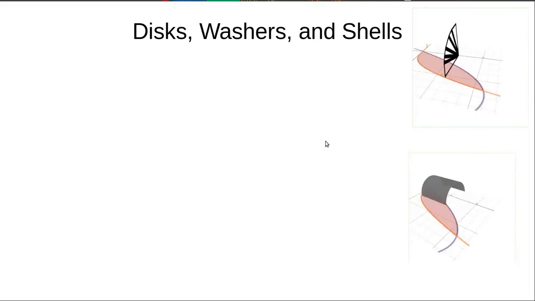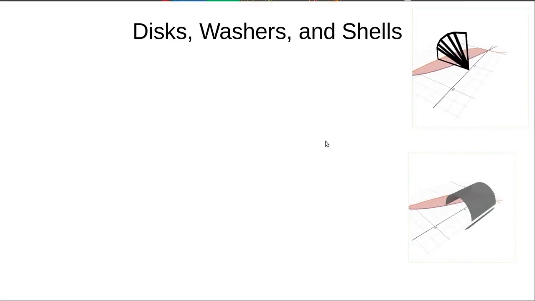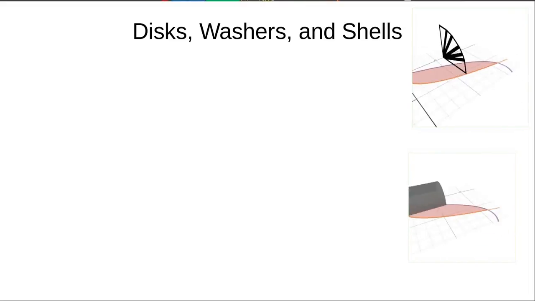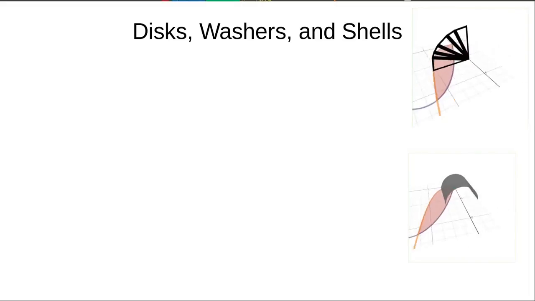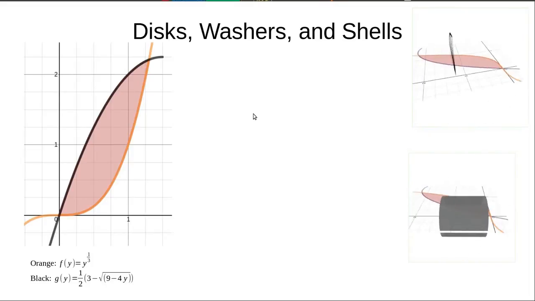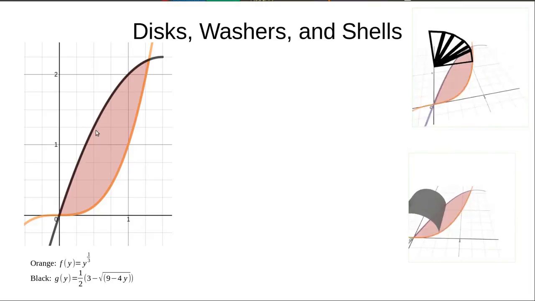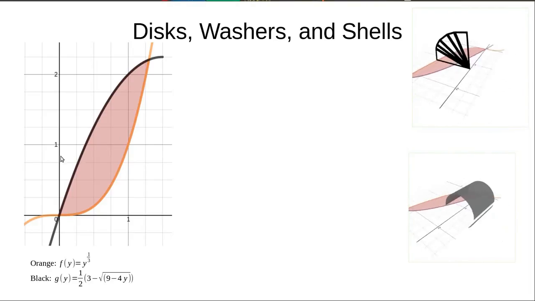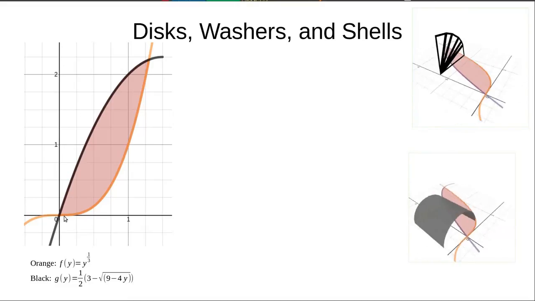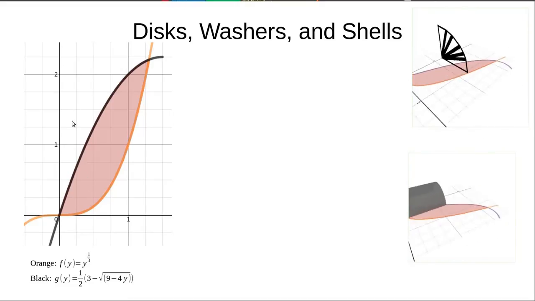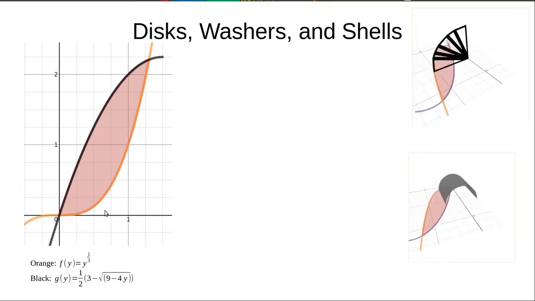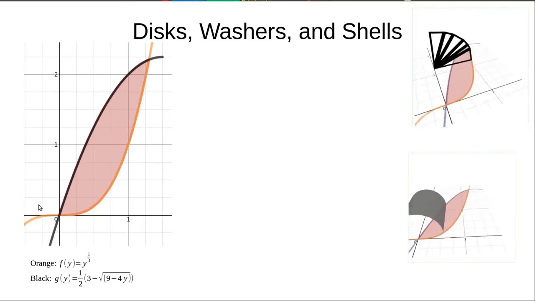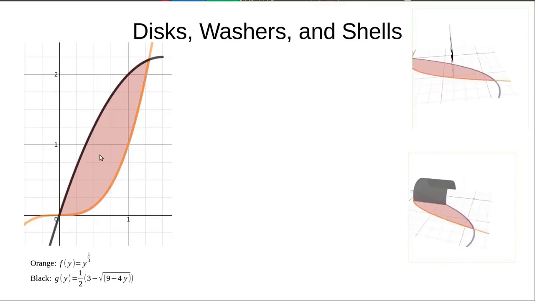So disks, washers, and shells. These are different ways to use your function and spin it around an axis and therefore create volume. So again, you want to use the distance between the two curves, but in this case I'm going to use dy integration, which is, instead of building our rectangles so they stick up out of the x-axis and our dx is our width, we want our dy to be our width, so we go out from the side.